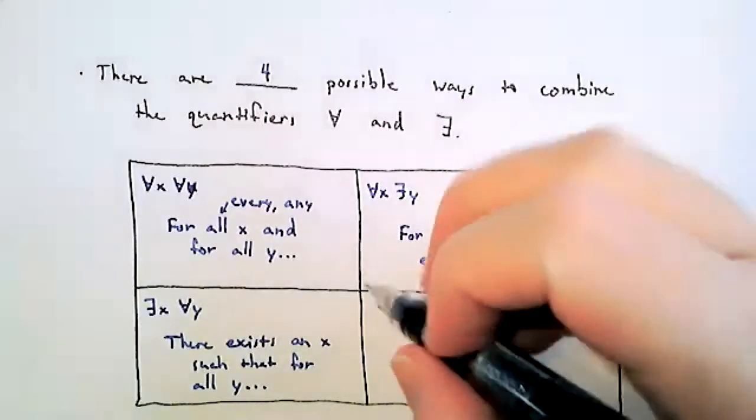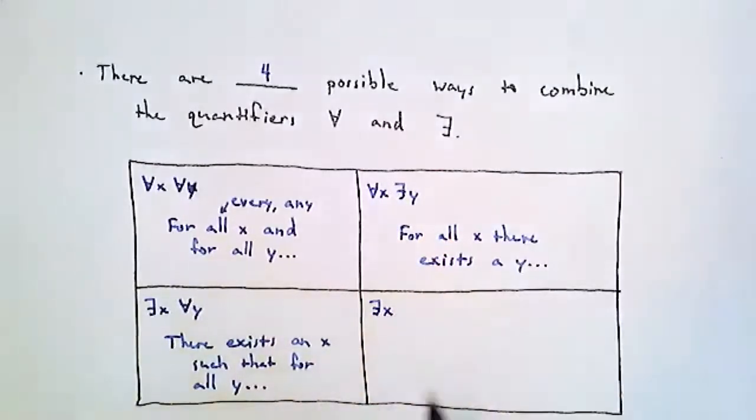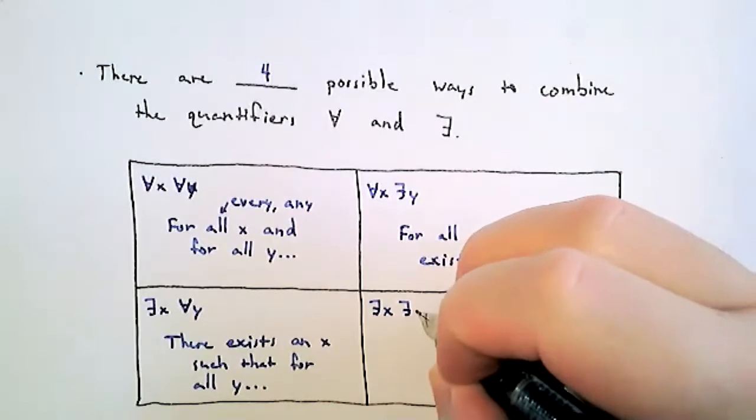And then the last possible ordering is to have two existential quantifiers. So two backwards e's.